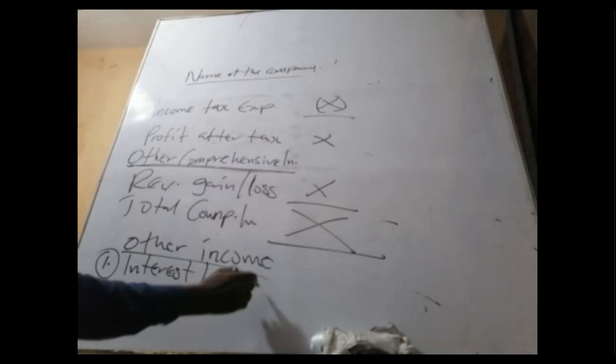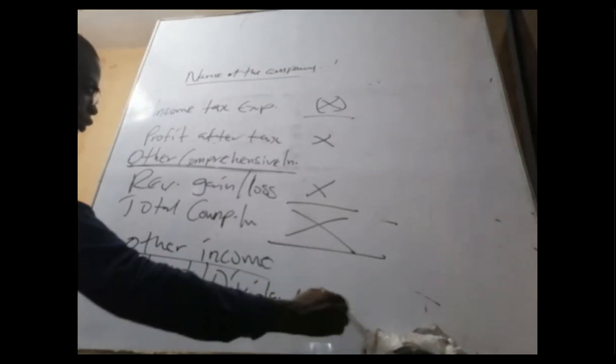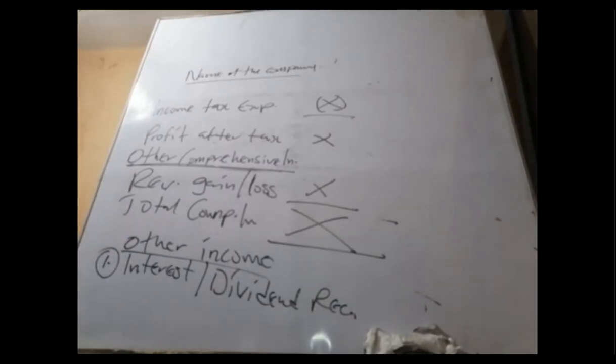So examples of other income in business terms. Let's write them down. Number one, interest or dividend received. Assuming that you have invested elsewhere and they're paying you interest, it becomes other income to you.